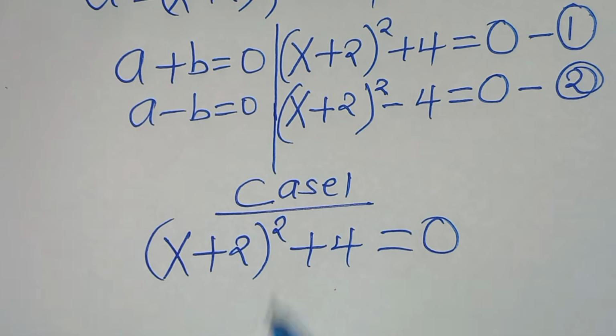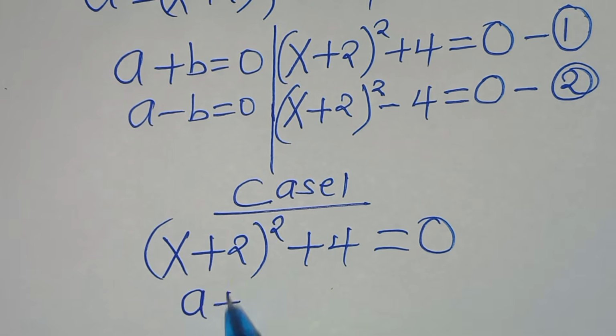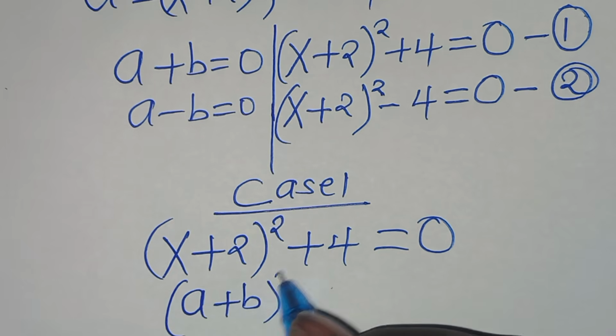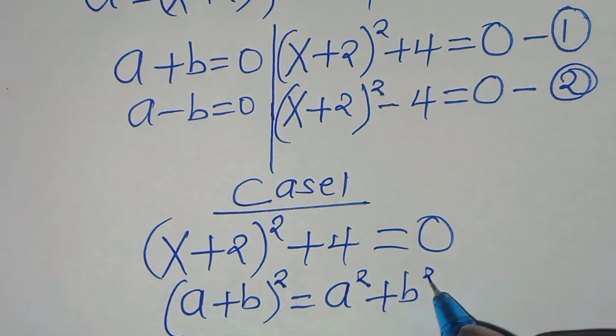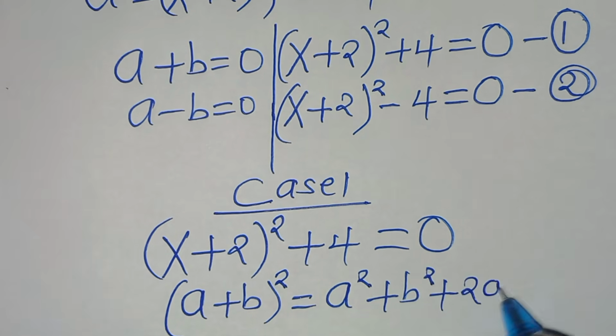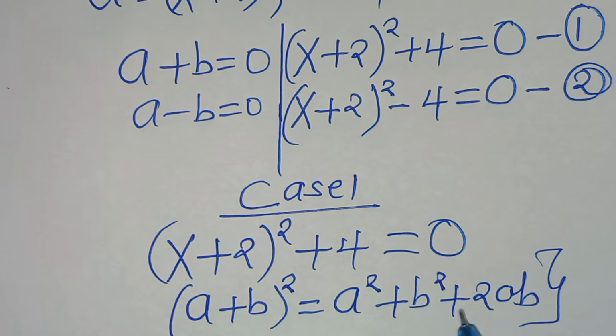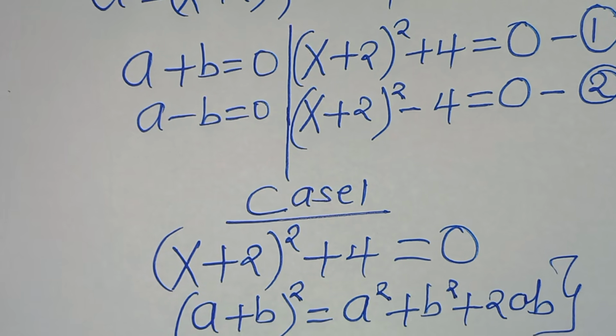(x + 2)^2 is in the form (a + b)^2, which we can express as a^2 + b^2 + 2ab. So let's apply this algebraic identity.